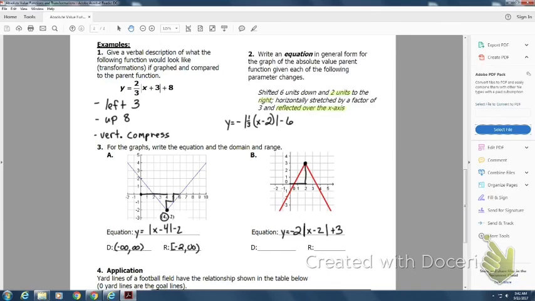Eric, what would the domain be? Negative infinity to infinity. Always? For absolute values? Is it always that for absolute value? Yes. What would the range be? Positive 3.